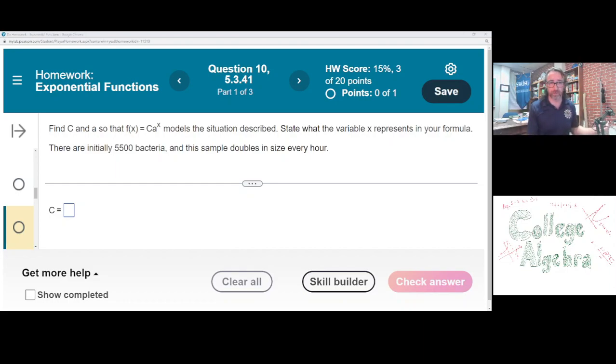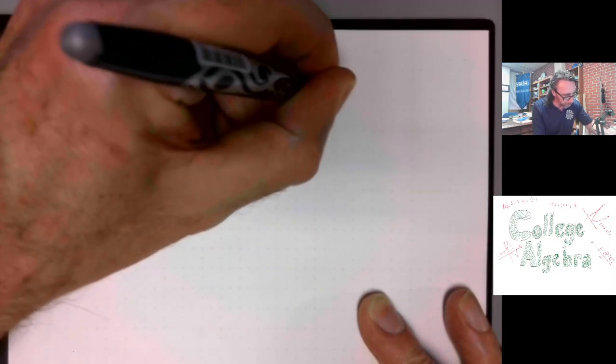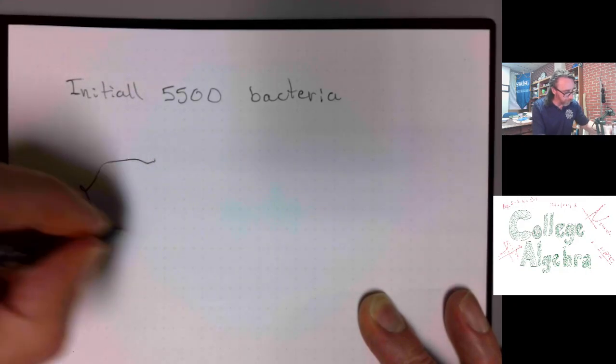Let me switch to the document camera here. So initially, 5,500 bacteria. And now here's what our function is going to do.